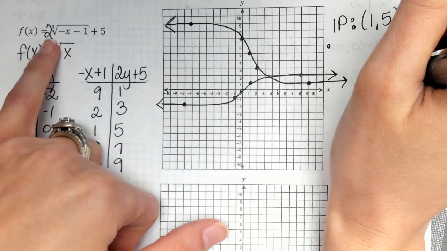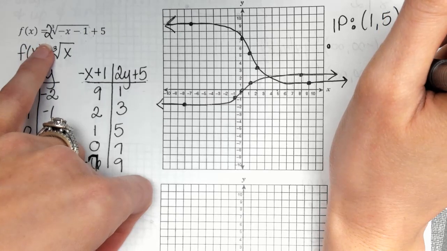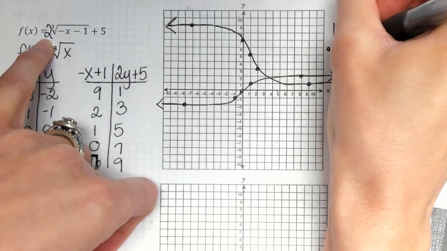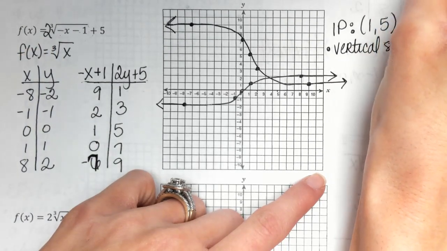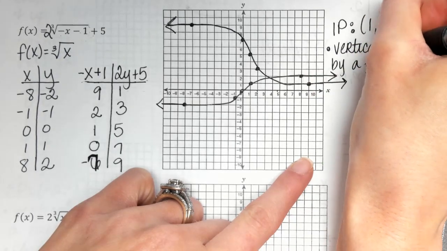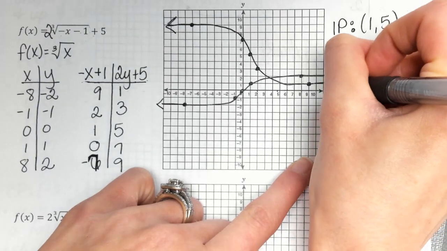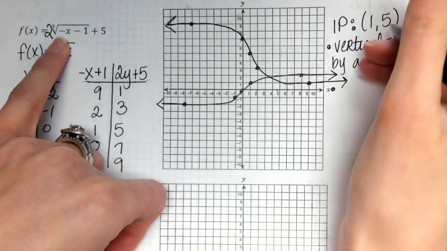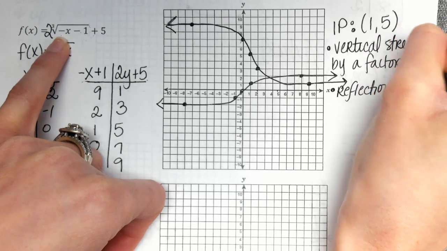Okay. What was the 2 representing for my transformations? Vertical stretch by a factor of 2. Okay, what was the negative on my x telling me? Reflection over the y-axis.